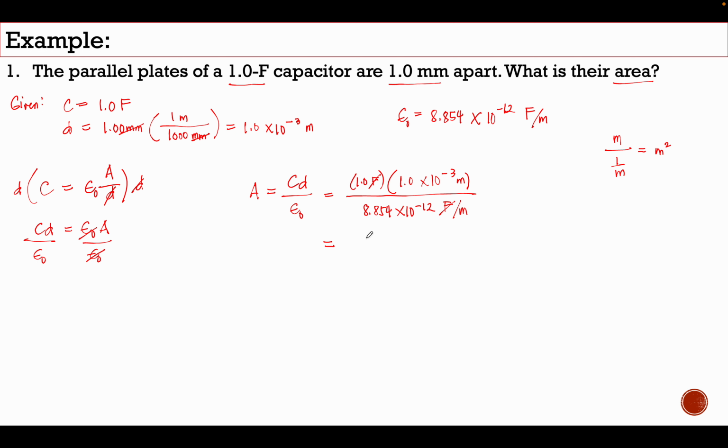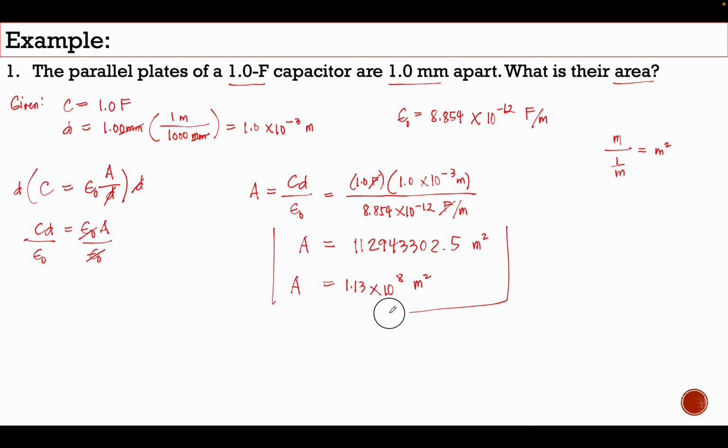Okay, so we have right here 1 times 1 times 10 to the power of 3, which is 1 times 10 to the power of 3, divided by 8.854 times 10 to the power of negative 12, which is equal to 112,943,302.5 square meters, or we can also have it as 1.13 times 10 to the power of positive 8 square meters.